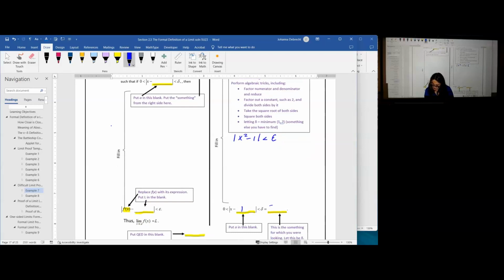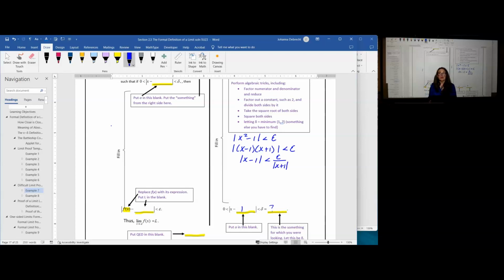Less than something. Now, I know if I factor x squared minus 1, I can get an x minus 1 factor. However, it also introduces the x plus 1 factor, which I don't need on the left. So I divide both sides by it to get the magnitude of x minus 1 less than epsilon divided by the magnitude of x plus 1.